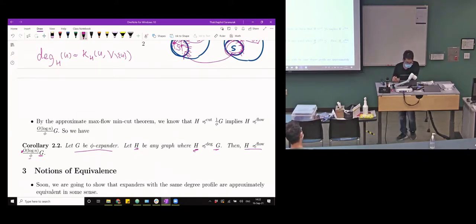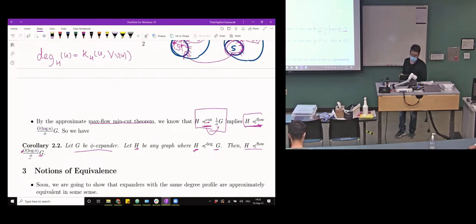This is because of the max-flow min-cut theorem, right? This thing and this thing are the same up to a log n factor. So if H is at most G with this factor in the cut sense, H is going to be embeddable into G too with the same factor, but with an additional log n factor.